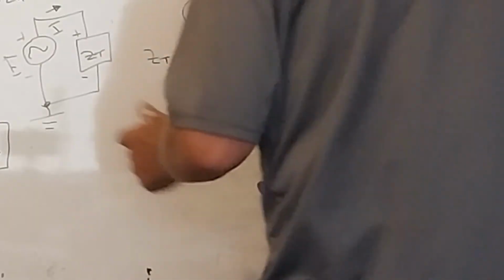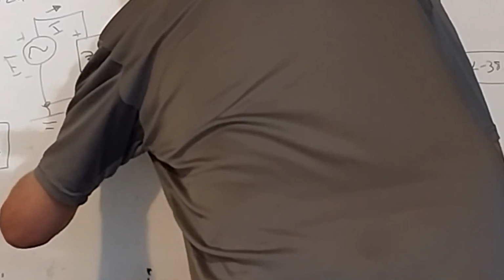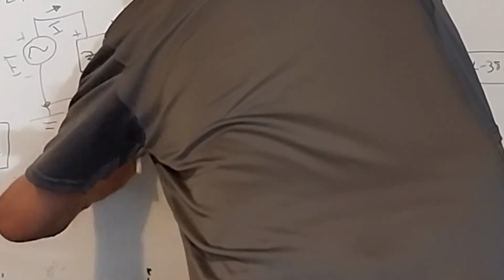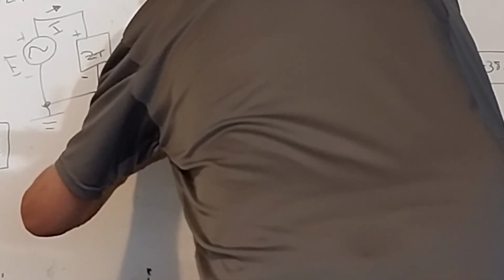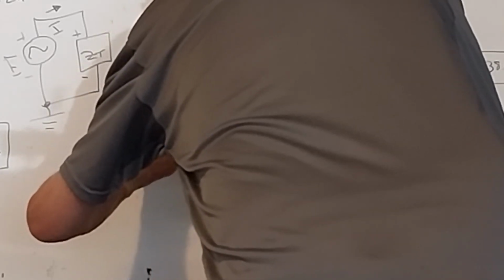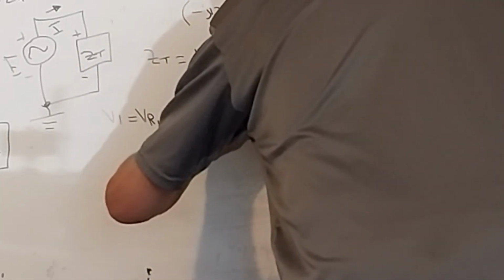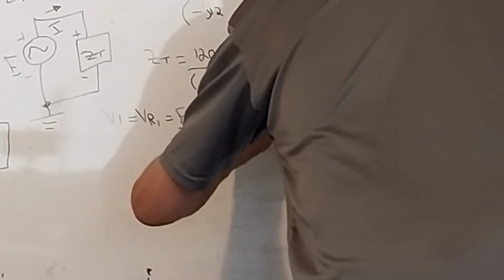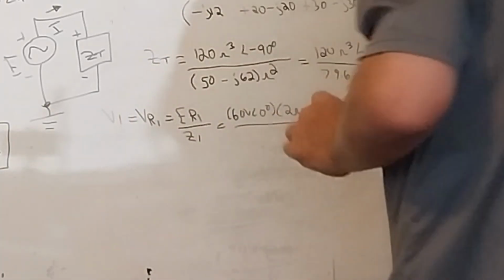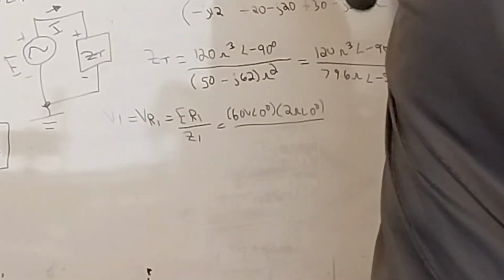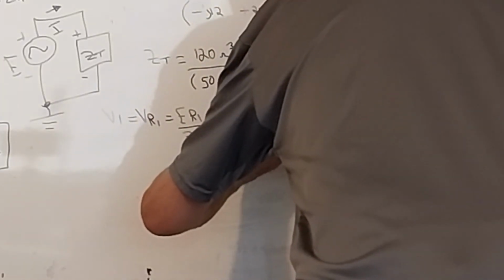So V1 is equal to E times R1 divided by Z sub 1. So that's 60 volts at an angle of 0 degrees. Multiply that by R1, which is 2 ohms at an angle of 0 degrees, and divide that by Z sub 1. We have that calculated here to be 2.3 ohms at an angle of negative 45 degrees.